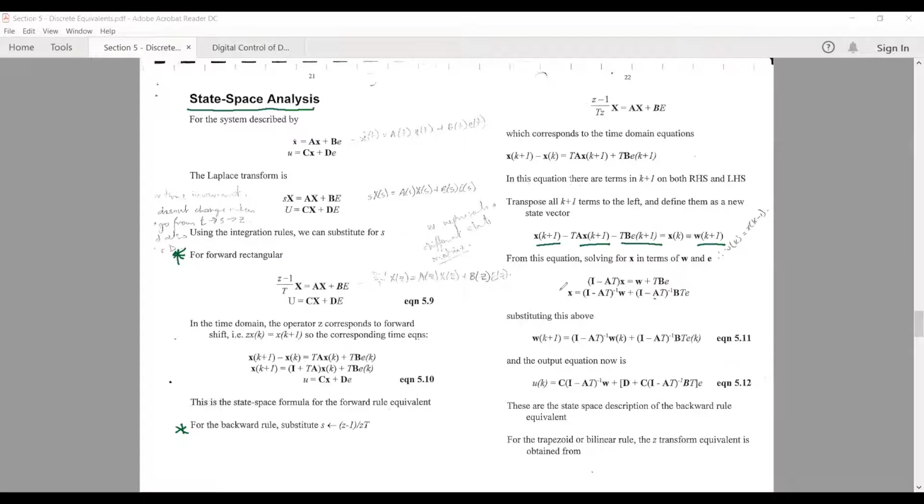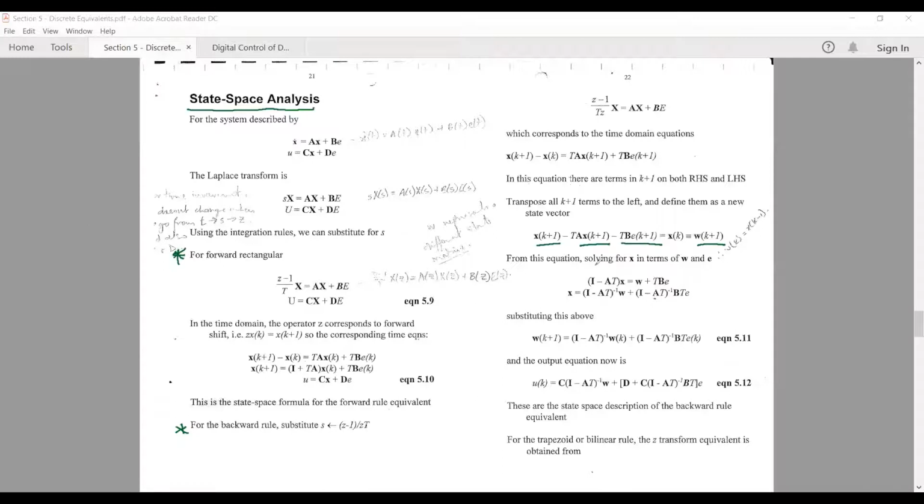If we multiply towards the left, the inverse of this will become identity, so we have to multiply the inverse on the other side. So we get (I minus tA) inverse times w plus (I minus tA) inverse times t times B times e.